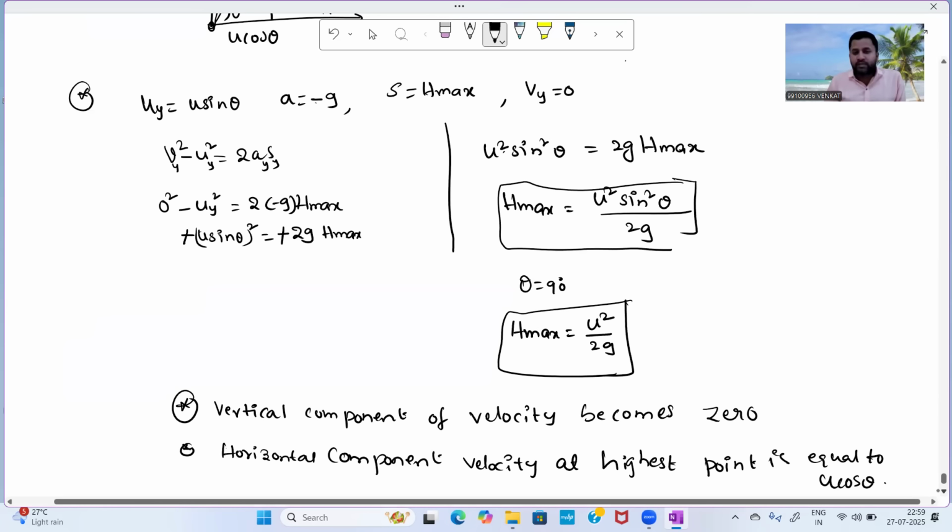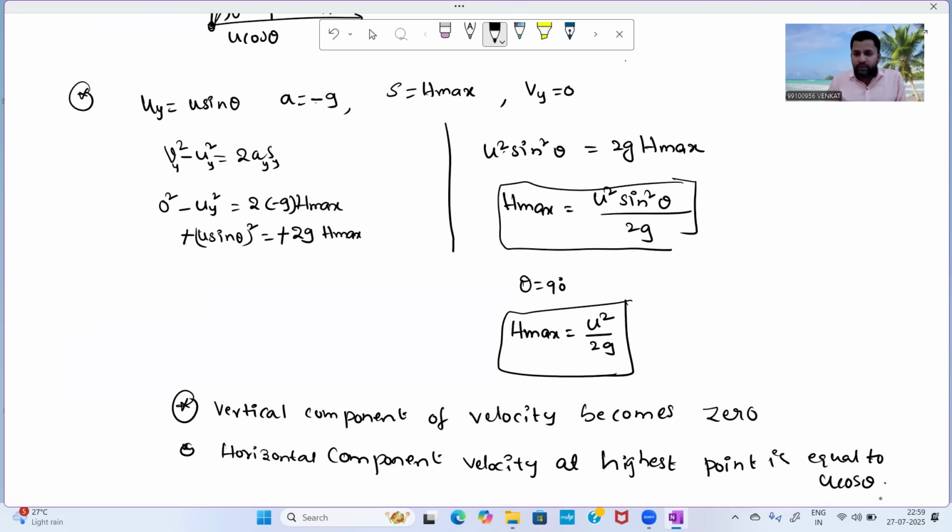So this is the point you need to remember. This is about maximum height.